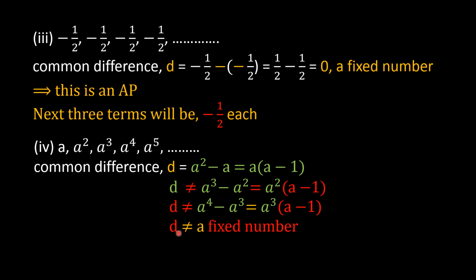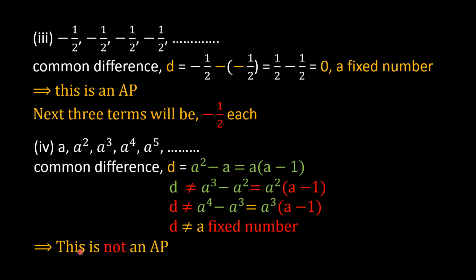We observe that a times a minus 1, a squared times a minus 1, a cube times a minus 1, all these are different numbers, and in this case we do not get the common difference as a fixed number.